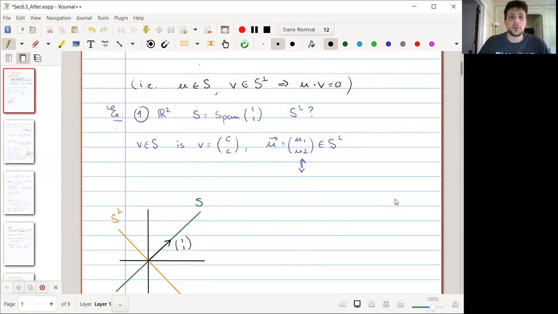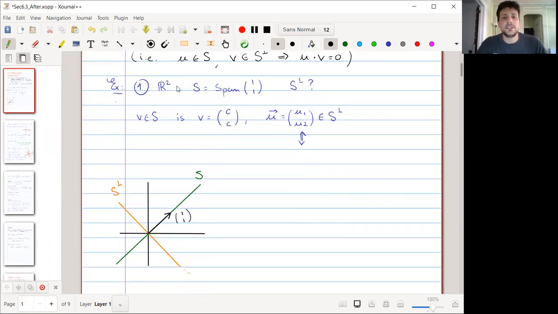Let's have a look at some examples. Here, I let S be the span of my vector (1, 1), and I want to compute S perpendicular. Any vector inside S is a scalar multiple of (1, 1) by definition of span.